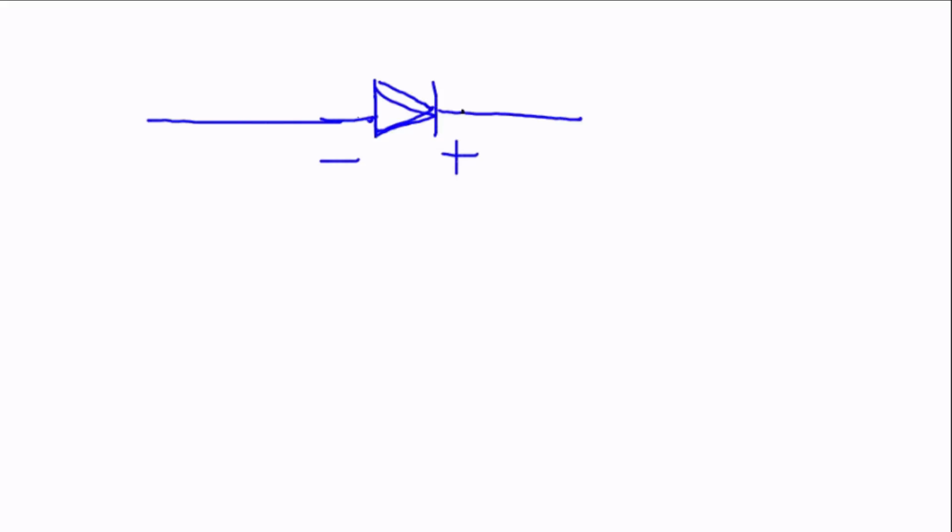And the symbol for the diode is helpful in imagining this. Imagine the current trying to go this way, and then it just hits this wall, if you will. And that's an easy way to remember that the current can't go backwards. So again, to summarize, under forward bias, current will flow through the junction and through the diode. Under reverse bias, it will not.